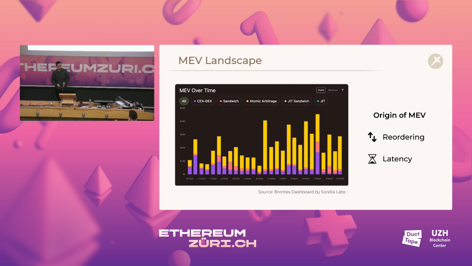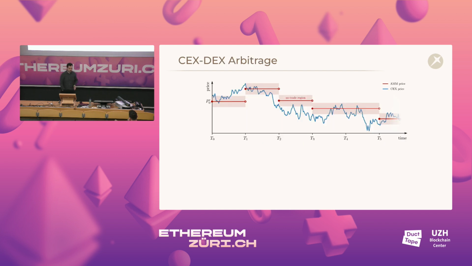So let's study one of these examples, which is the SexDex arbitrage scenario. SexDex arbitrage works in this way. In the graphic, you have this blue line, which represents the sex price, so a centralized exchange like Binance, Coinbase. And this is moving very, very fast, very often. And in red, you have your AMM price, which is stale, so it changes every block, every 12 seconds.